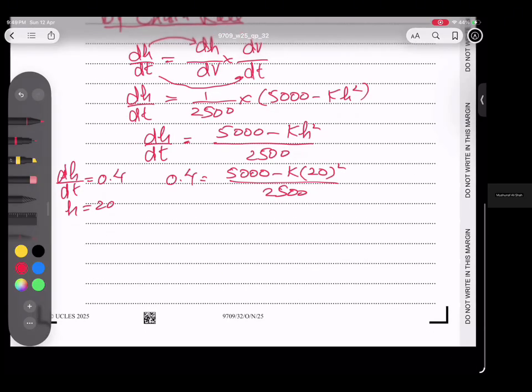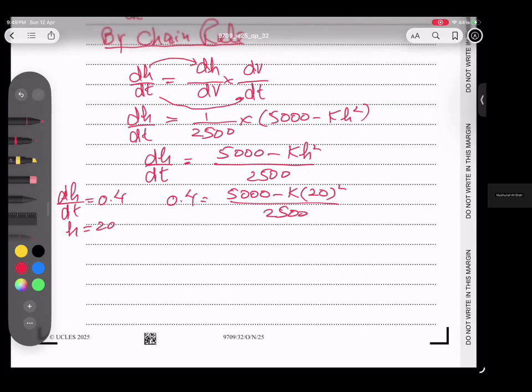I'm going to find the k value. 0.4 multiplies there, so 0.4 times 2500 gives 1000. So 5000 minus 400k equals 1000. 400k comes to this side and I get 4000.